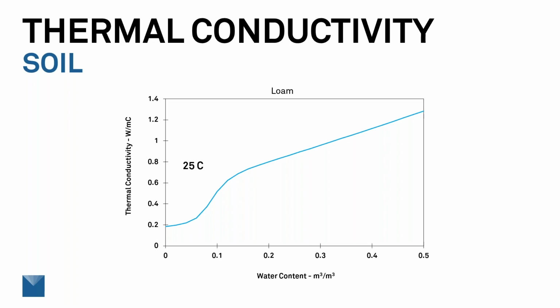And so all of these are lower than the value for the rocks that we saw in the previous slide, and sometimes a lot lower. Since these conductivities are so much smaller than the rock, temperature gradients will mainly be in the soil between the rocks.